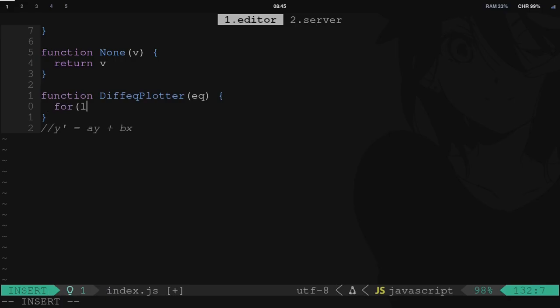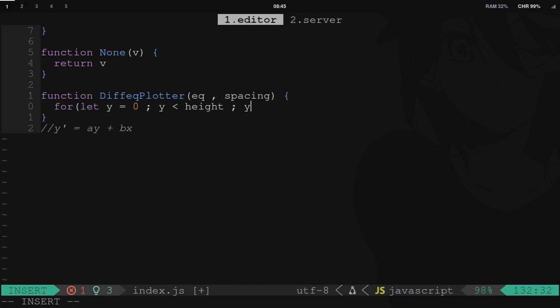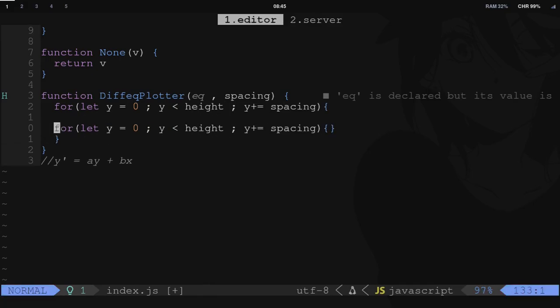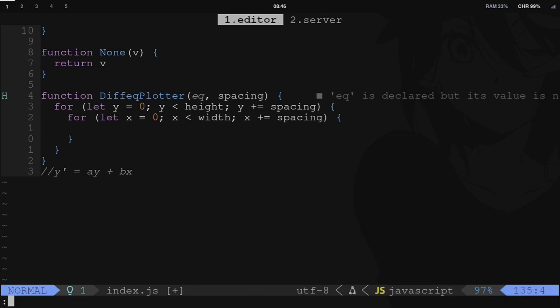Now for every y, y less than height, y plus equals spacing, and for every x less than width and x plus equals spacing, we are going to get the derivative.